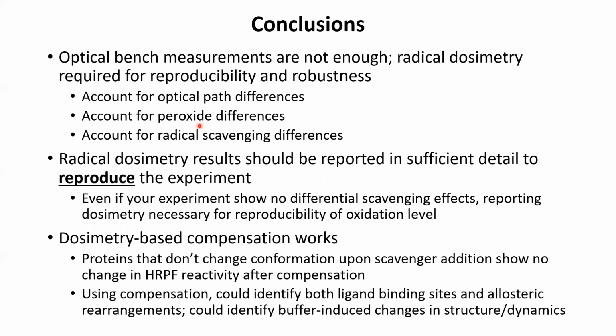And it's not always straightforward for you or your lab mates to make sure that the peroxide you're using is in the same condition as it was for all of your previous experiments. And if you're using peroxide that's partially degraded, you're going to get a lower radical yield under the same optical conditions and nominal peroxide concentrations.